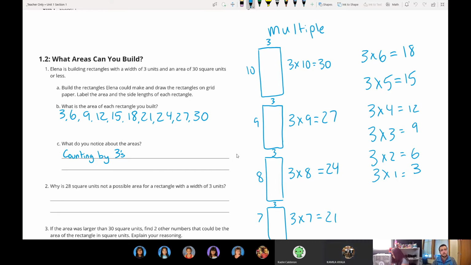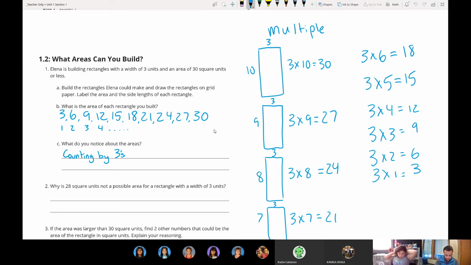Like the 3 and 6, 3 times 2 equals 6. Okay. So which one is a multiple of 3? You said 3 times 1 gives us 3. 3 times 2 gives us 6. 3 times 3 gives us 9. 3 by 4 gives us 12, and so on.